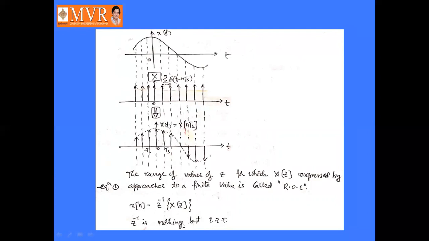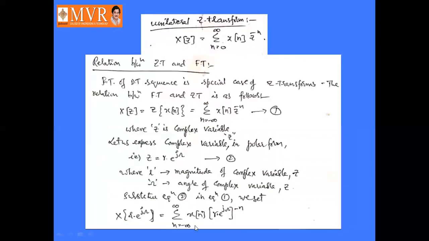So how to get x of n? By taking the inverse Z transform of x of z. So z inverse is nothing but the inverse Z transform. Okay. And now the relation between the Z transform and the Fourier transform. Here the Z transform is defined like this: sigma n equal minus infinity to infinity x of n into z power minus n, where z is a complex variable. It is represented as r into e power j omega, where r is the radius. It is nothing but the polar form.